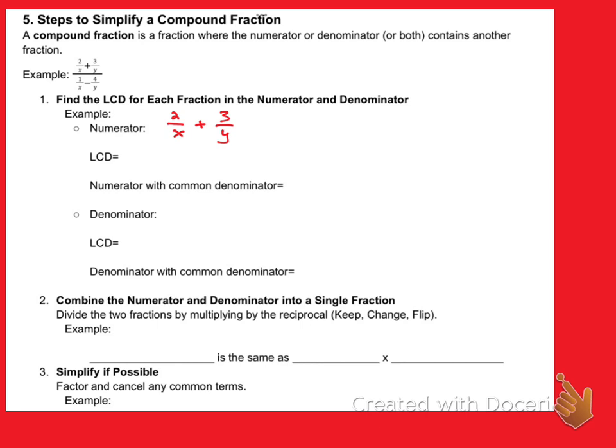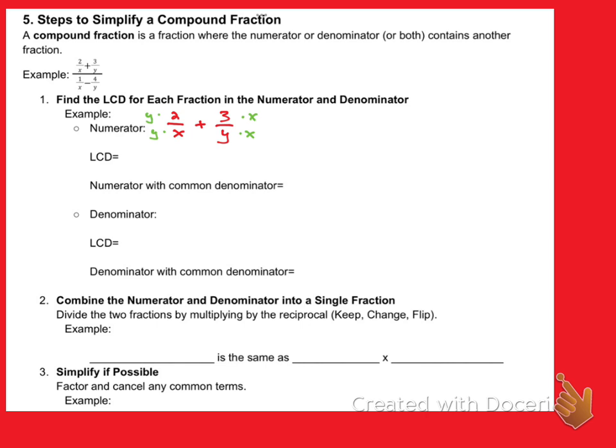So what do you think the common denominator would be on the numerator? xy, good. So the first term in the numerator, we need to multiply the numerator and denominator by y. The right side, multiply the numerator and denominator by x.